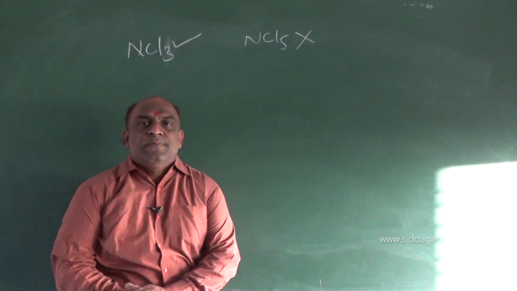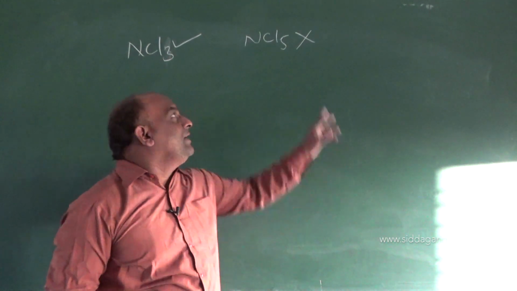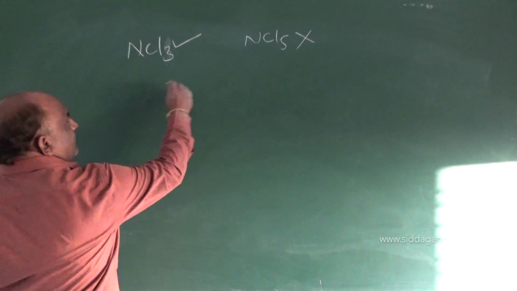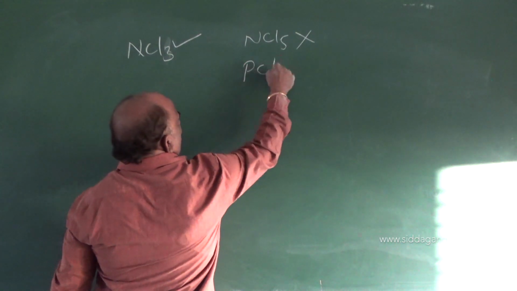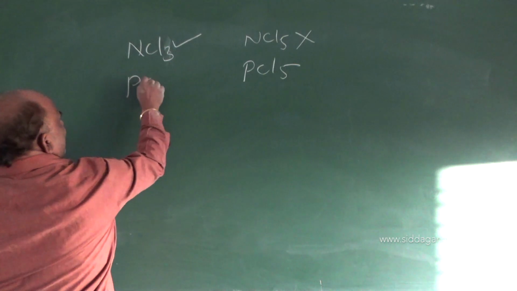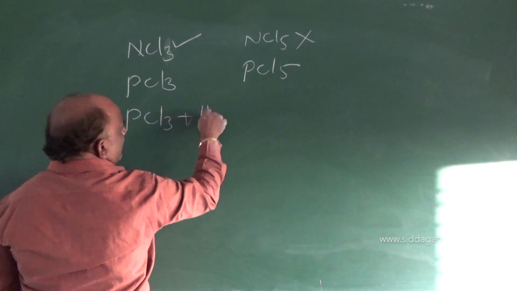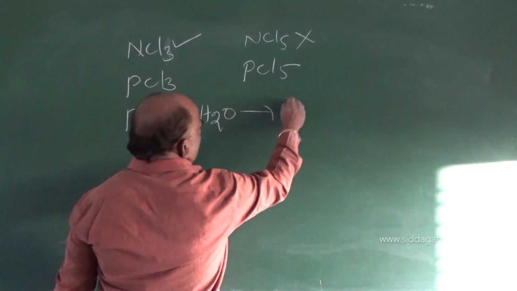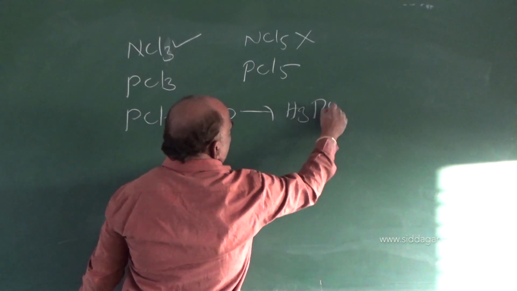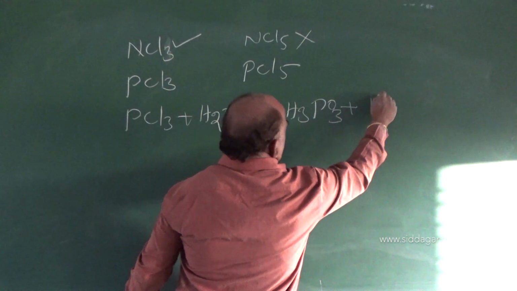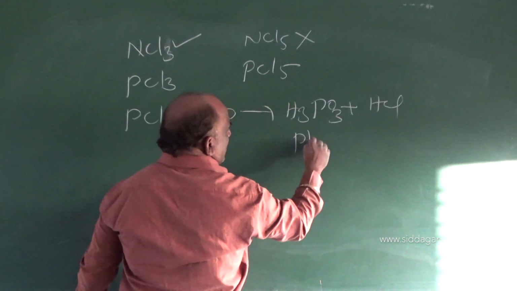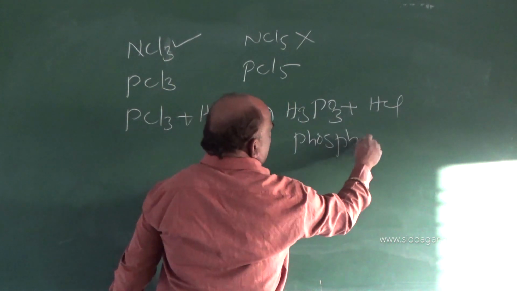What is the reason? The reason is the absence of vacant d orbitals. Second one, PCl3 gives rise to H3PO3, which we know is phosphorous acid.